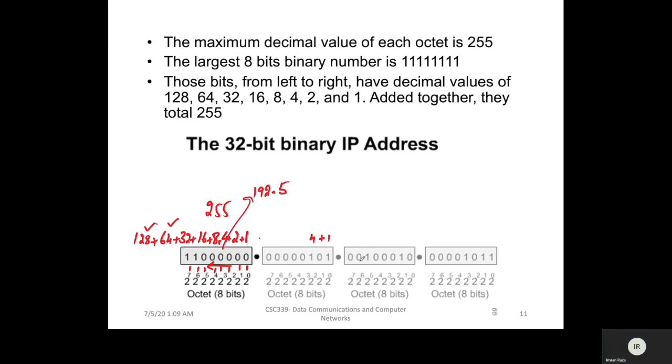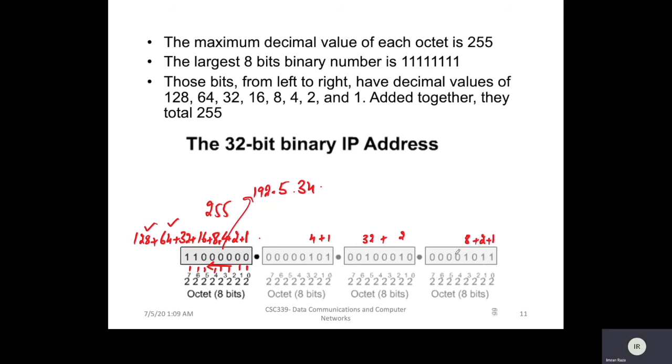192.5. And what about this octet? 2 raised to power 1, which is 2, and 2 raised to power 5, which is 32. So 192.5.34. Then, 2 raised to power 0 is on, which is 1, 2 raised to power 1 is on, which is 2, 2 raised to power 3 is on, which is 8.